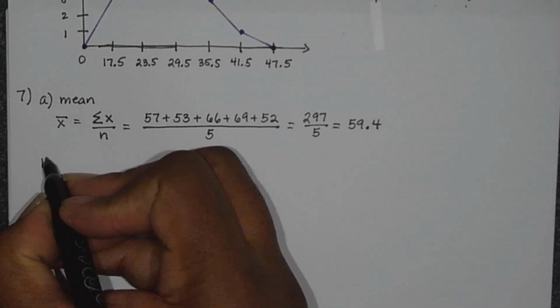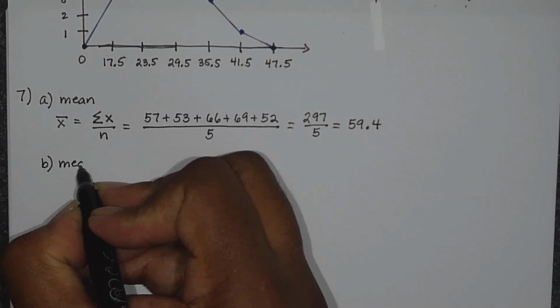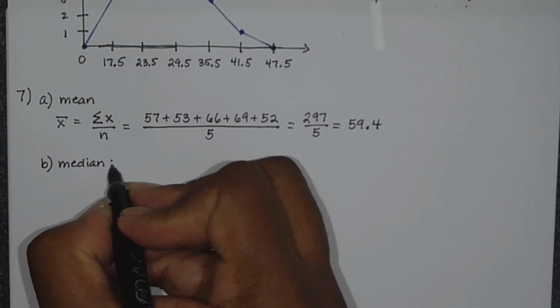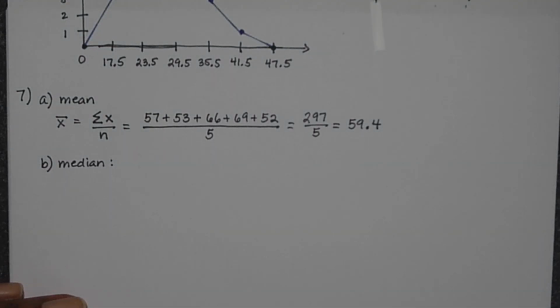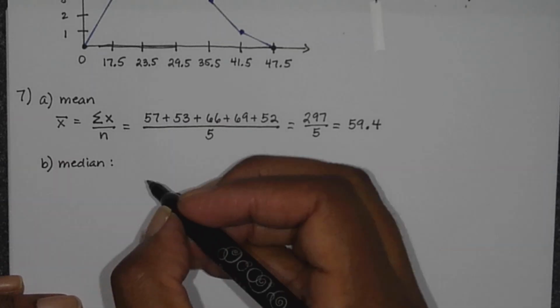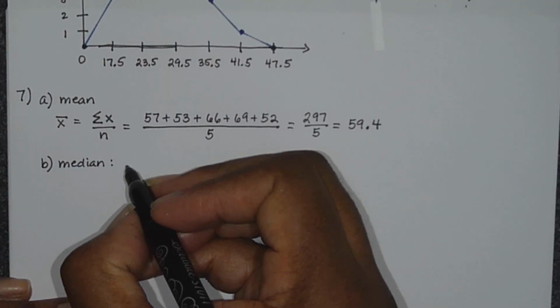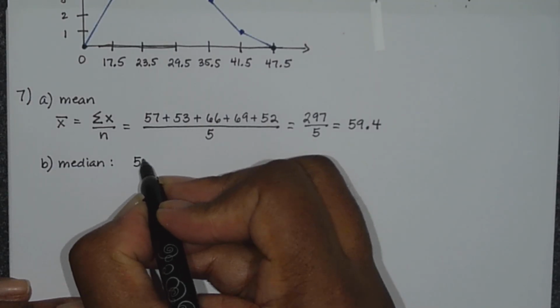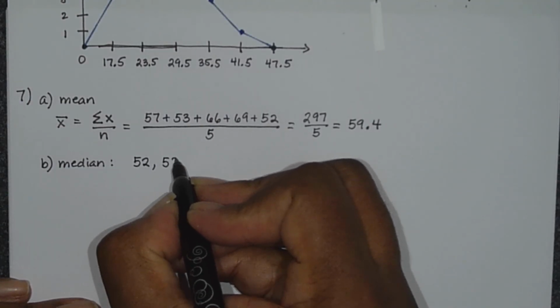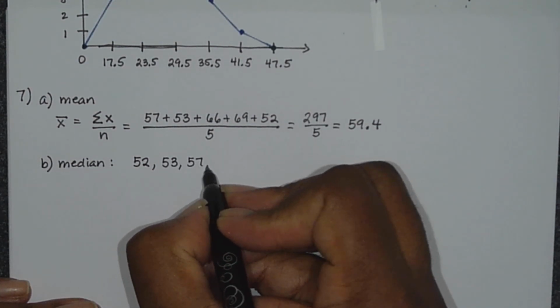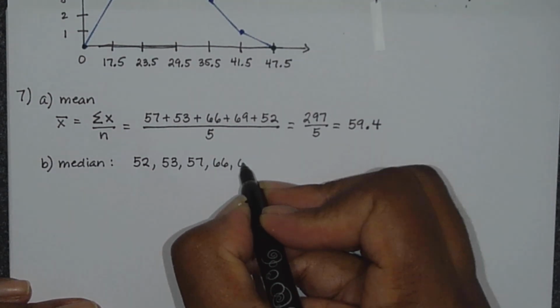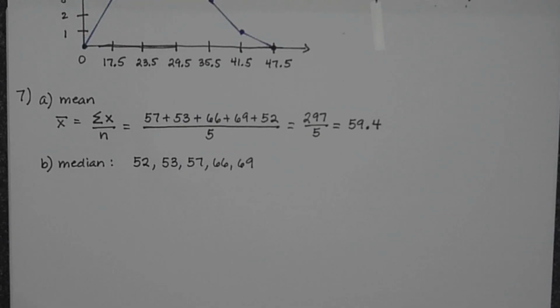All right, part B is finding the median of this data set. First of all, you want to make sure that your data values are in numerical order from least to greatest. So let's start by putting those numbers in order. Start with 52, 53, 57. Okay, so our data set is in numerical order. The way we find the median, we take the middle number.